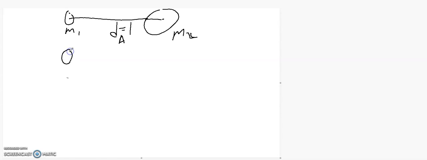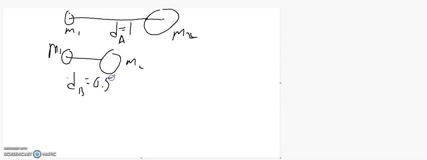Anyhow, here's mass 1. That's a better size. Here's mass 1, and then now let's say it's only half. So here's mass 2, and then D sub B, right? So this is the second situation. Now this is 0.5, or 1/2 a meter, where this one was 1 meter.